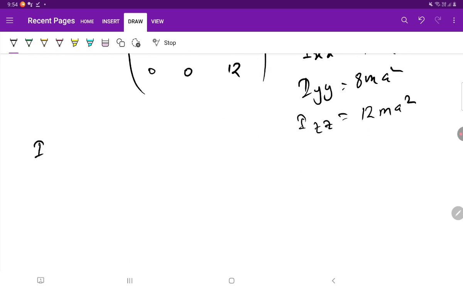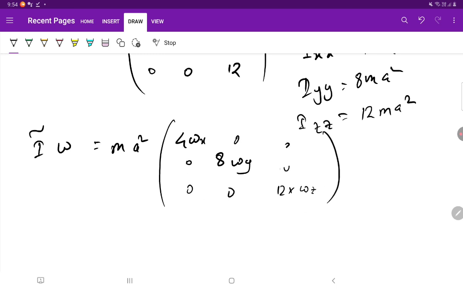If you find the product of the I matrix into the omega matrix, you will get ma square, 4 omega x, 8 omega y, 12 omega z.